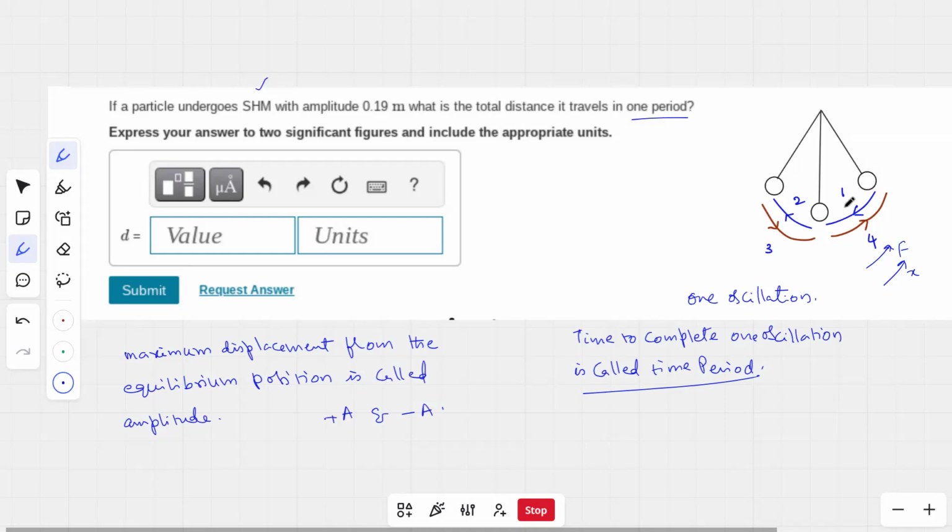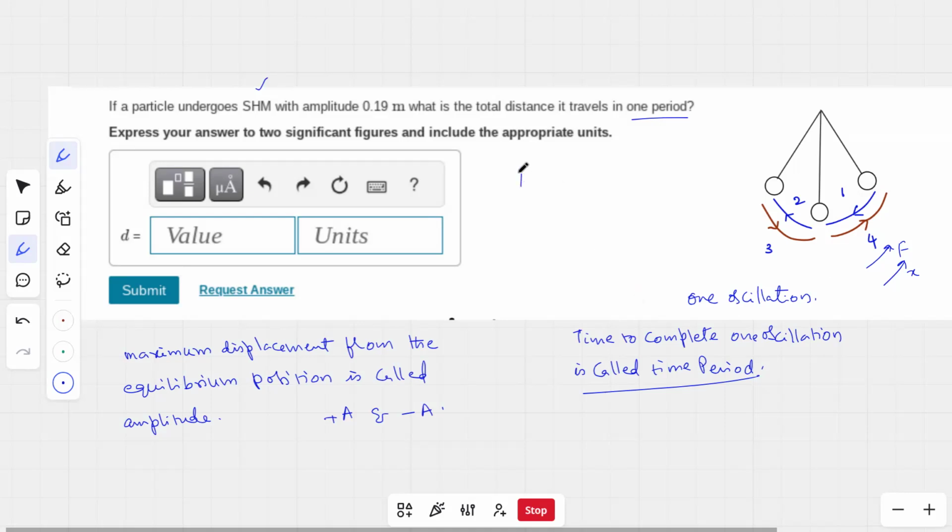In the first case, when we apply the force, force and displacement are both in the same direction. Next, the force is trying to bring the object back to the equilibrium position, so the force is acting in the opposite direction to the displacement. At this position, the restoring force is maximum.